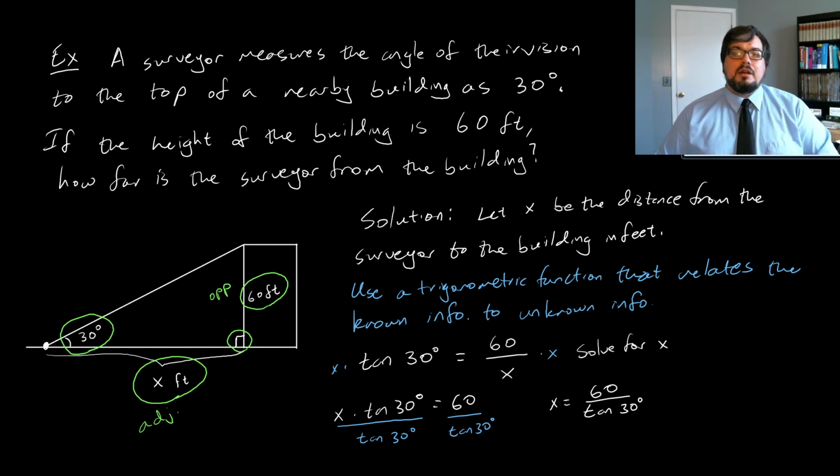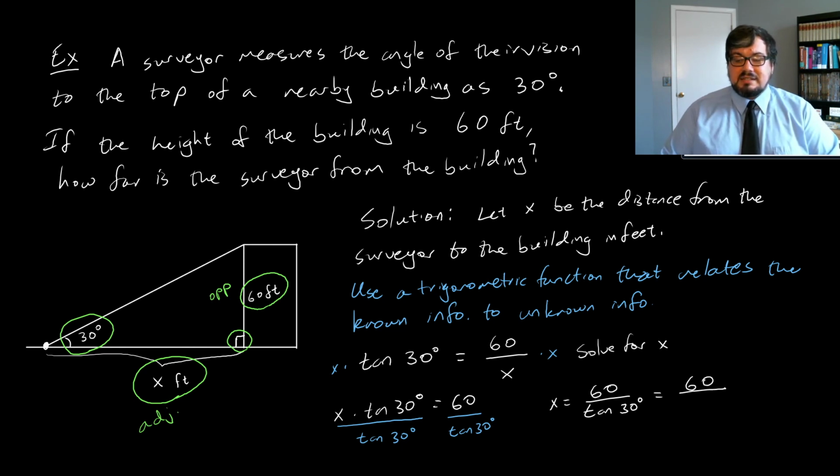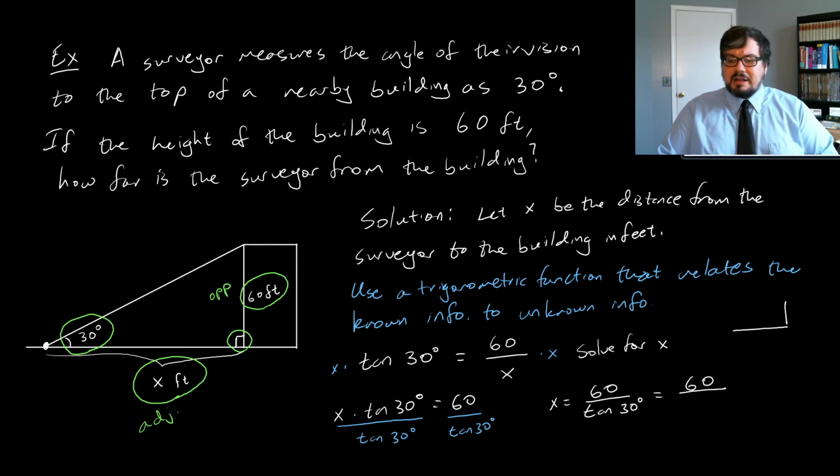Now, the question is how far we have to go beyond this. Because 30 degrees is one of our special angles, we know how to calculate tangent of 30 degrees. And so in this case, this is 60 over, and if you look back at the table that we had before, or if you construct the triangle again, here's 30 degrees, we get 1, 2, square root of 3.